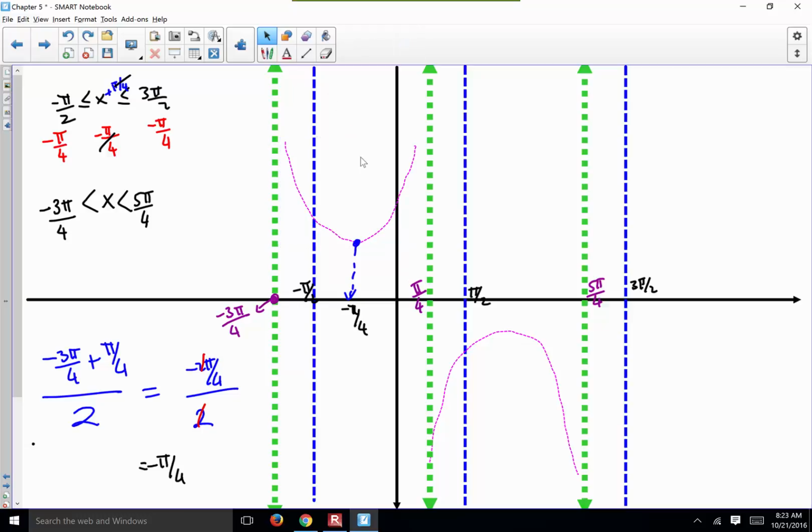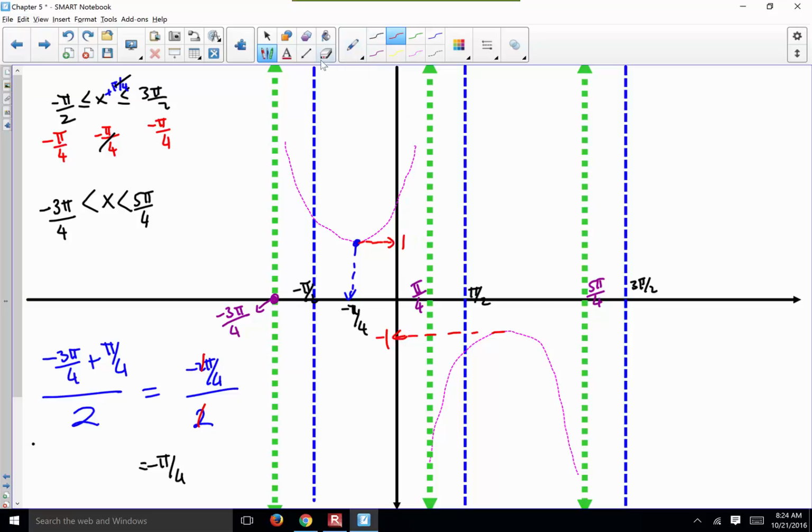What is the original location of this guy? What are the original minimum and maximum values here? It's both 1 and -1, right? So when you shift all these 5 down, this is going to be -4 and -6.